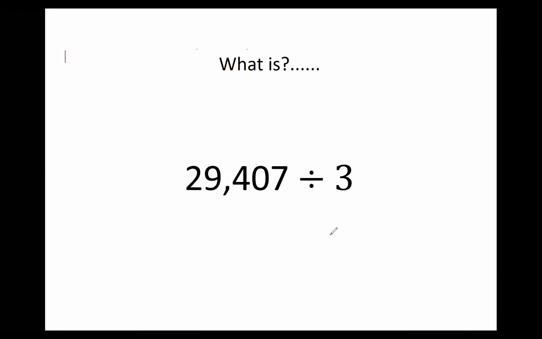Let me give you one here. What if we do 9.63 plus 4.7? All right. I want you guys to do that one and tell me what the answer is, but report your answer using the correct number of significant figures.